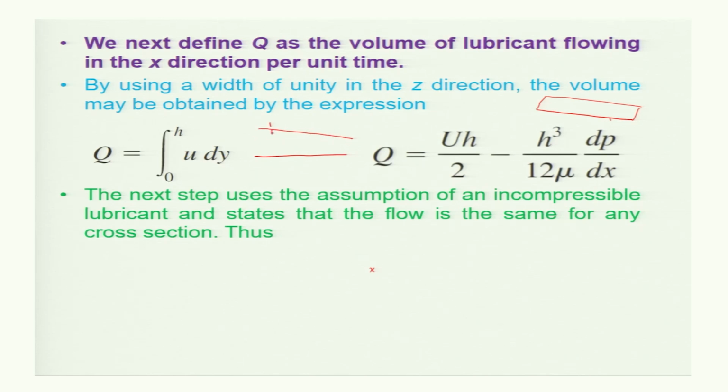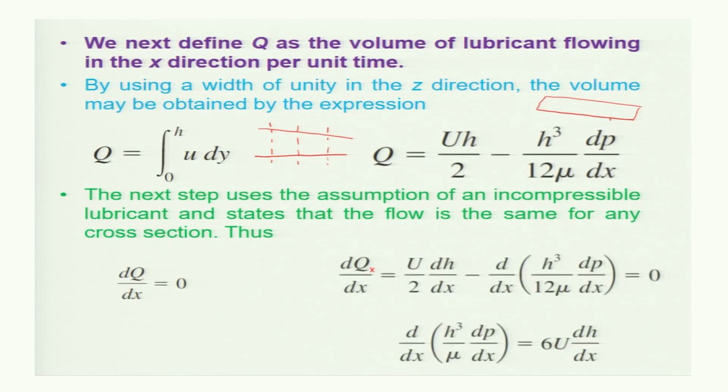So along any cross section, the flow rate will be the same. Here the flow area is more, so the flow rate will be smaller. As the area decreases, the flow rate will increase. Thus dQ divided by dx will be 0.